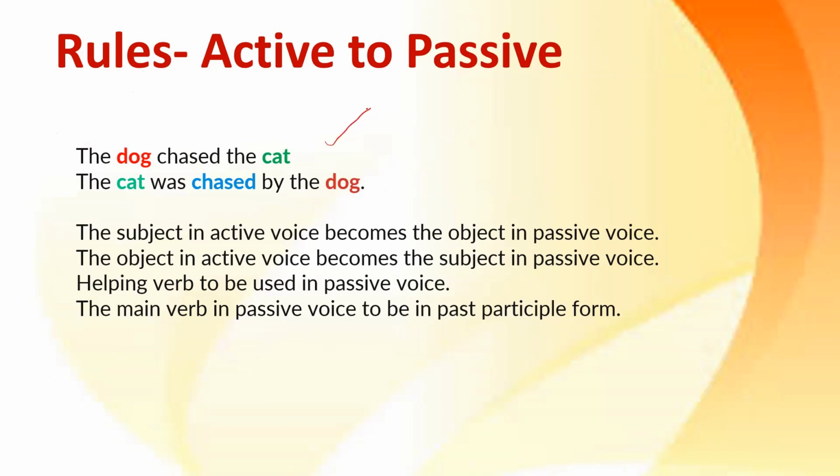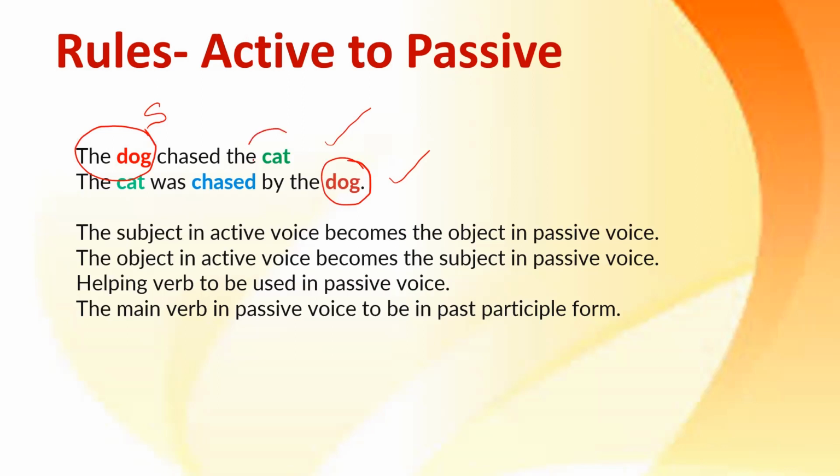The dog chased the cat. It is an active voice. See the passive voice of the same sentence. The cat was chased by the dog. So what are the four rules? The rule number one, the subject in active voice will be the object in passive voice.